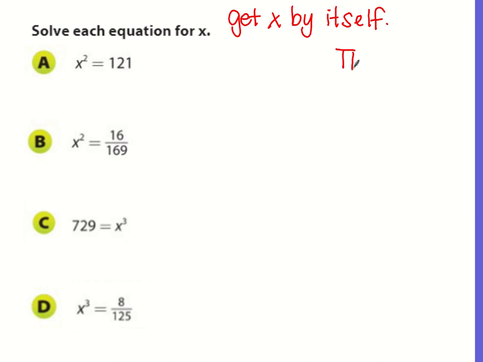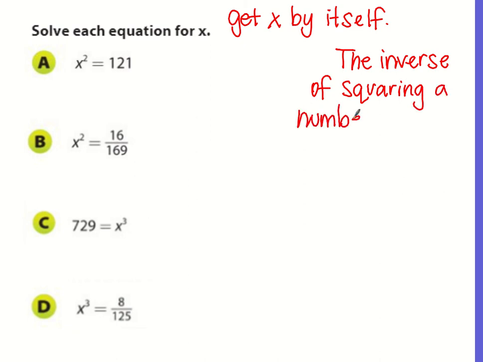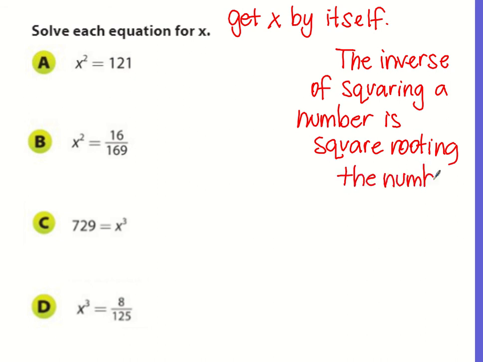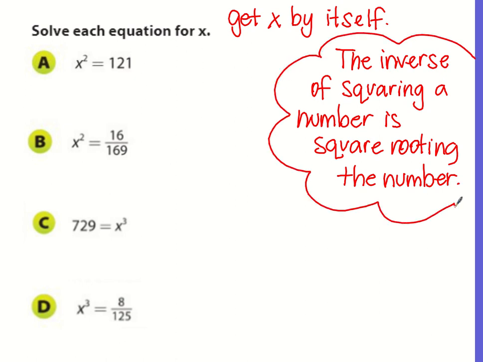Write this in your notes: the inverse of squaring a number is square rooting the number. Just like add and subtract are inverse of each other, and multiply and divide are inverse of each other, squaring something and square rooting something are inverse of each other.